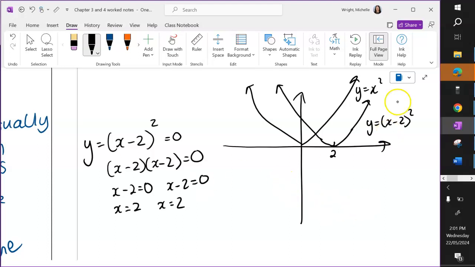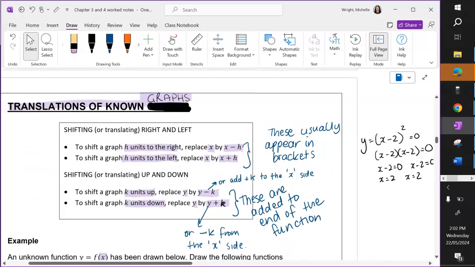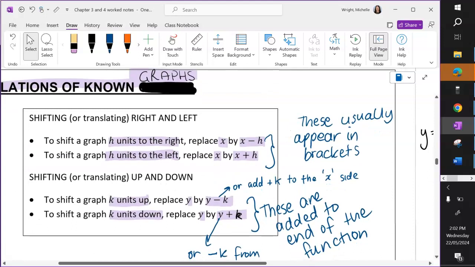So what we can see is a graph that has x minus 2 is going to move to the right 2 units. So if that was x minus any other number, and we've used h, it would move to the right h units. And that's the reason why it's happening. I think it's better to understand the why than to memorize this. So that's what the first thing's happening in here.